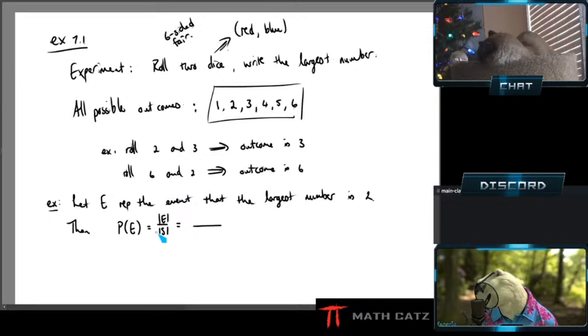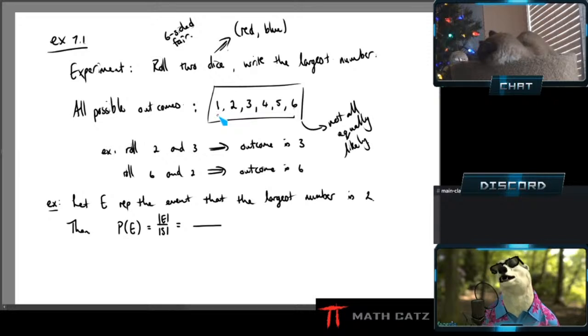Now, counting isn't necessarily the same as listing the outcomes, because if I look at the list of possible outcomes, they are not all equally likely. If I just think about rolling some dice, getting a 1 as the largest number is not going to happen nearly as often as getting a 3 or a 4 or a 5 or a 6.